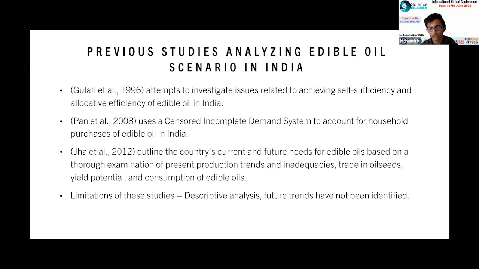And he analyzed the present production and inadequacies, and provided an outline of the current scenario and future scenario. The limitations of these studies: they only provided descriptive analysis. They didn't take up the oilseed data, and they didn't provide predictive analytics or mathematical analytics of such kind. And they didn't identify future trends like productivity forecasts and those kinds of things.